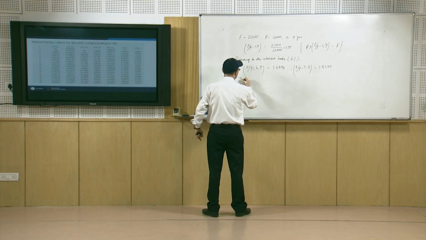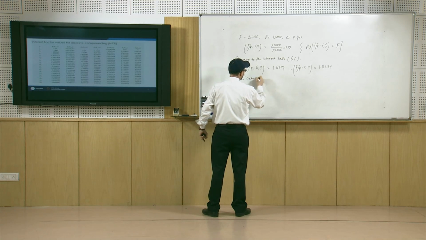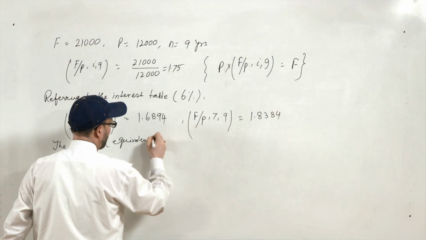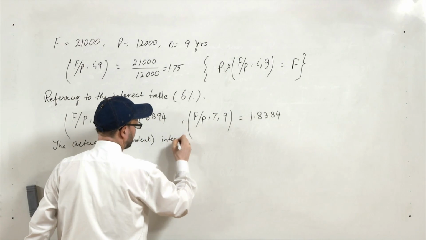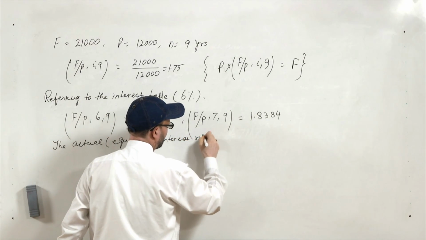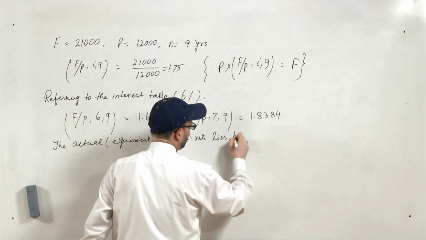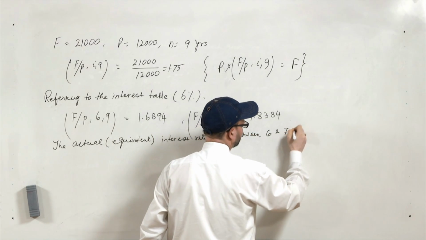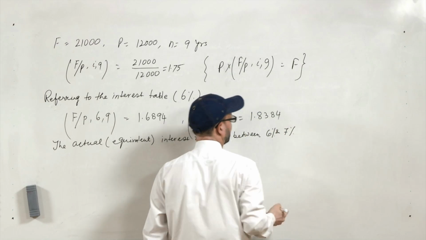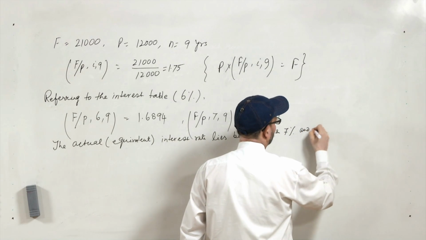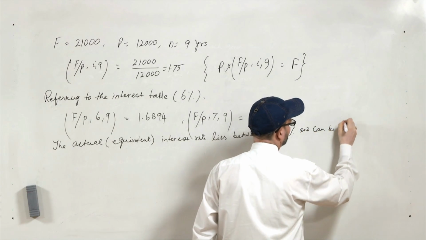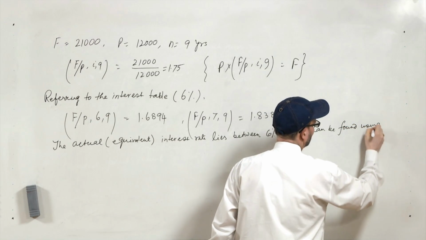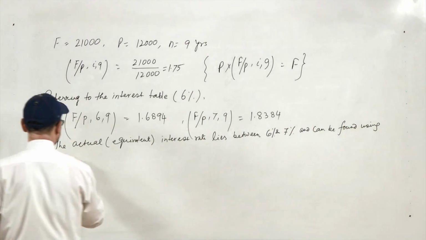The actual or equivalent interest rate lies between 6 and 7% and can be found using the linear proportion method.